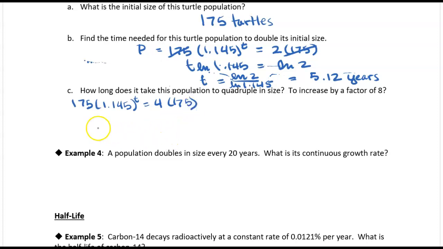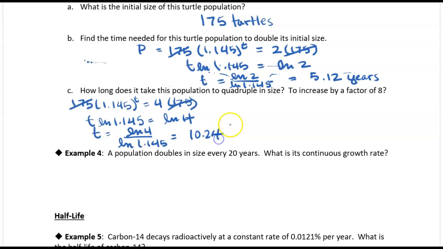We could solve that. Again, our 175 cancels. So we have t natural log of 1.145 equals the natural log of 4. And so t is equal to the natural log of 4 over the natural log of 1.145, which gives us 10.24.